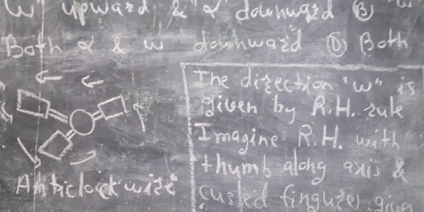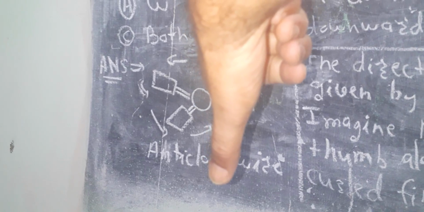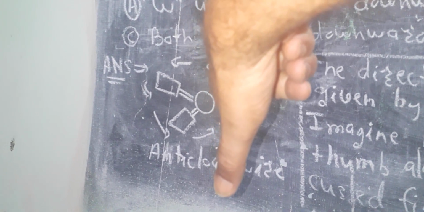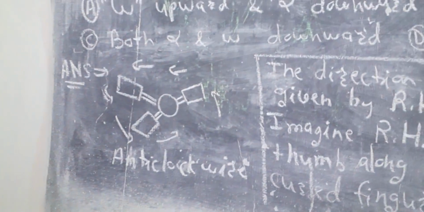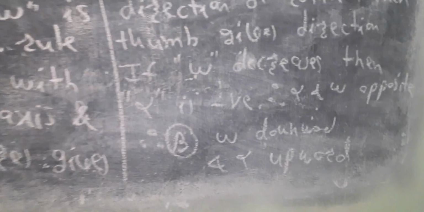So clearly the thumb is directed in downward direction like this. So the thumb indicates omega, angular velocity, and therefore we can conclude that omega is moving in downward direction.